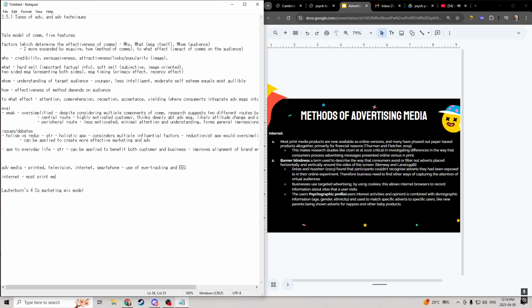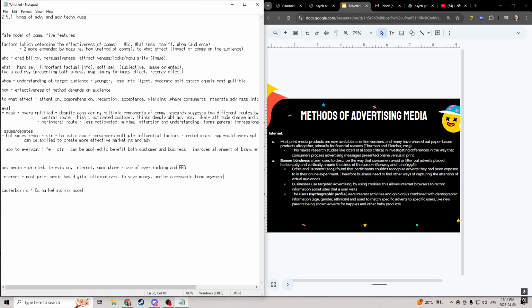Most print media has digital alternatives to save money and be accessible anywhere. They didn't include that, but obviously that's a good thing. How is that not included?